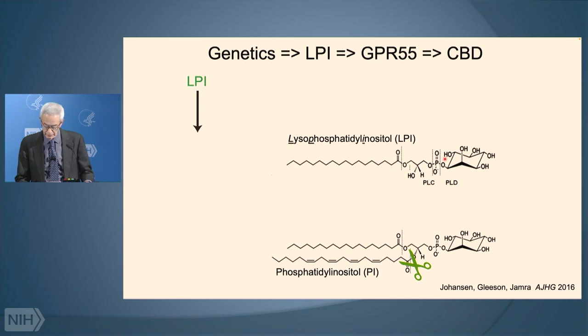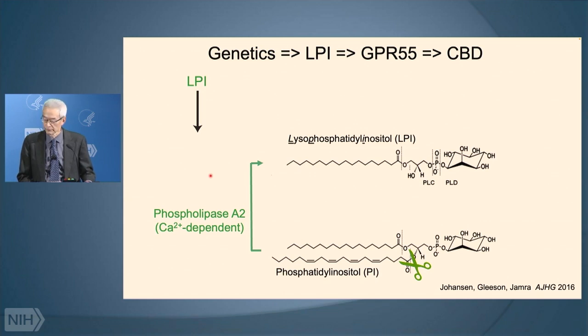When a cleavage is done by phospholipase A2, the arachidonyl moiety is clipped off, leaving you with a single acyl carbon chain leading to lysophosphatidylinositol, abbreviated LPI.